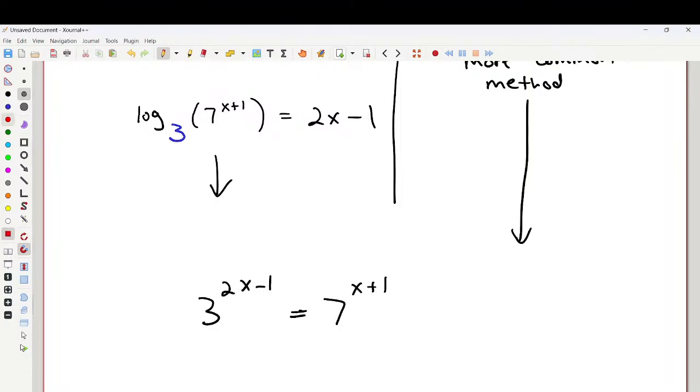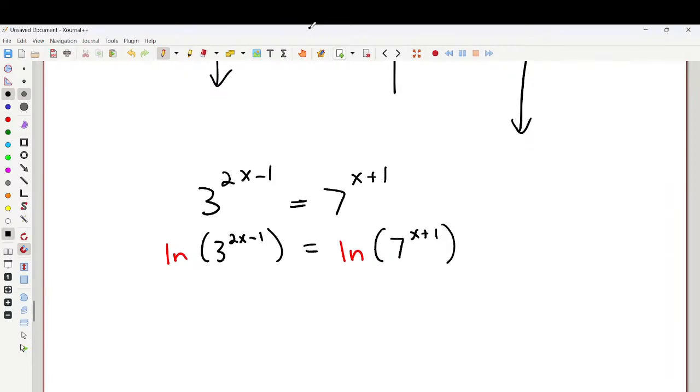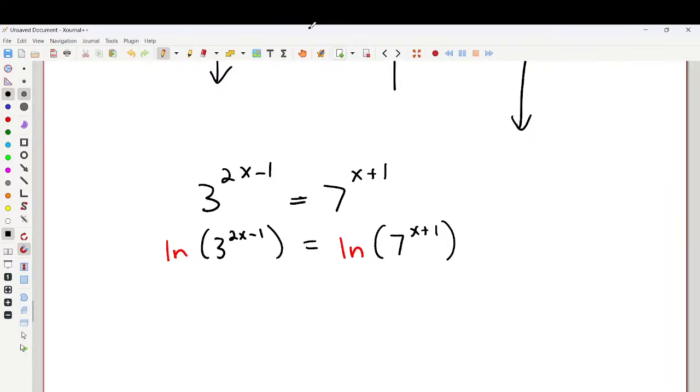And that's to take the natural log of both sides. And we're still going to pull out the exponent. So 2x minus 1 becomes a multiplier.